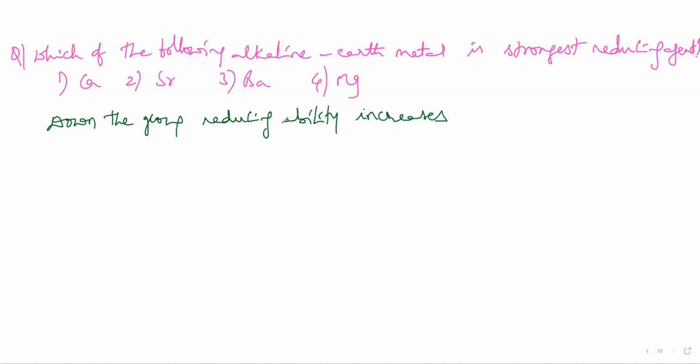So who is down the group? Calcium, strontium, barium. Who is the last element? Barium. So it will be the strongest reducing agent.